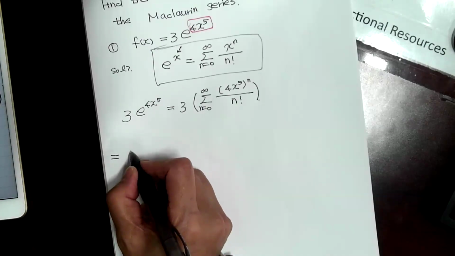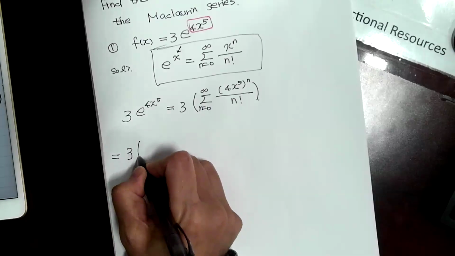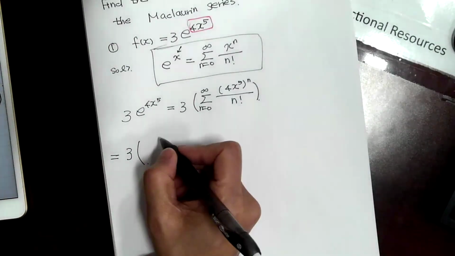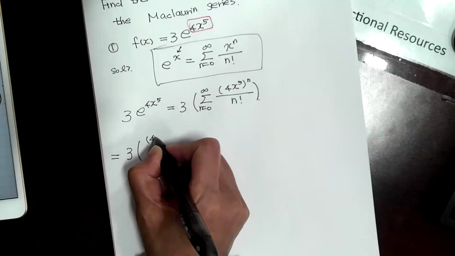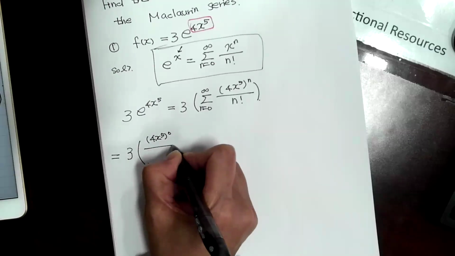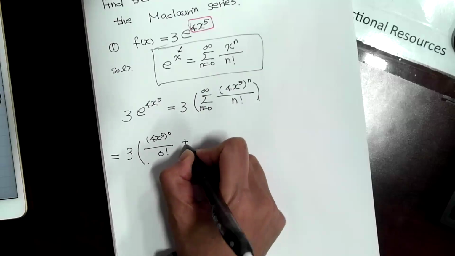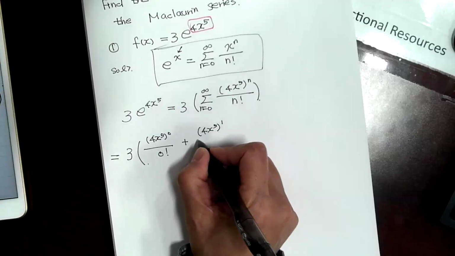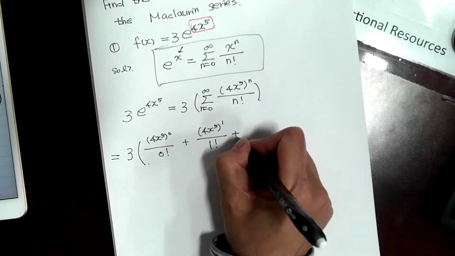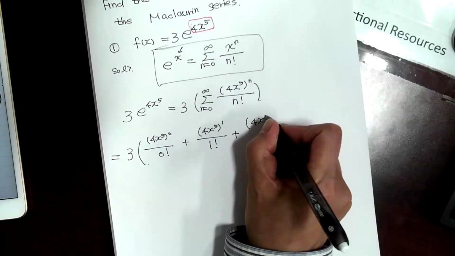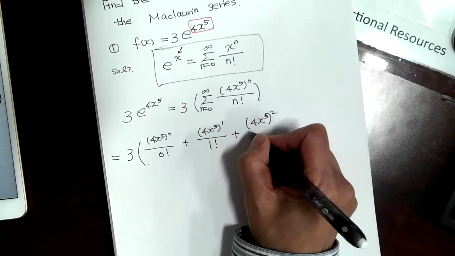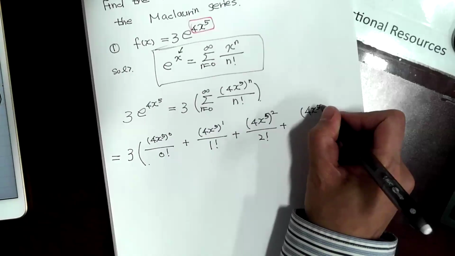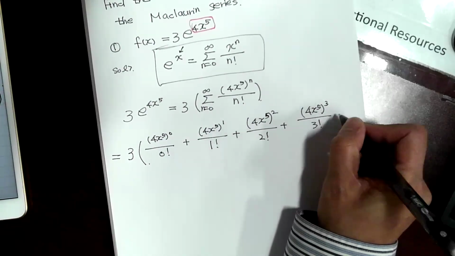So what can we say about this? 3 times, we start to plug in, then that will be 4x to the 5th power 0 over 0 factorial plus 4x to the 5th power, n equals 1, over 1 factorial plus 4x to the 5th power squared over 2 factorial plus 4x to the 5th power cubed over 3 factorial plus and so on.